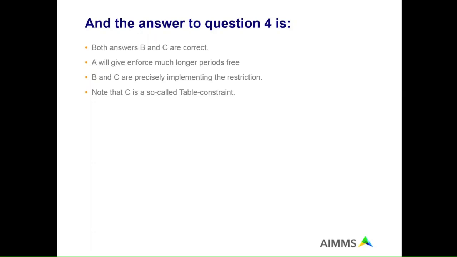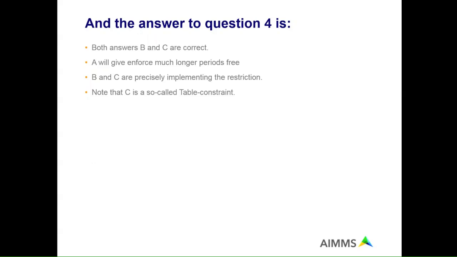C is a so-called table constraint. A table constraint is not always without comment. A table constraint will not tell you much about what is being implemented. However, they can be much more efficient, especially when the table is very sparse. However, I tried this on this implementation, and the if-then constraints of B and the table constraints of C are more or less equivalent in performance.